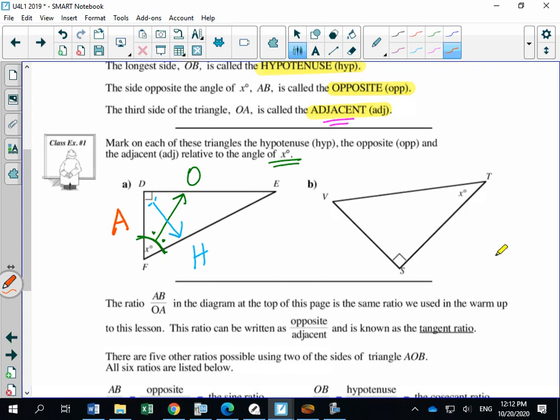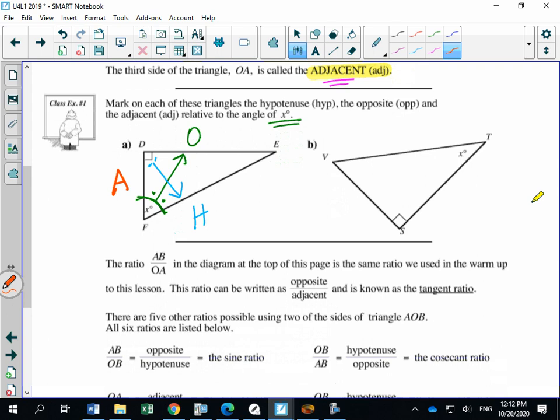Okay, let's go to B. So angle X gets the eyeballs. The angle always stares at the opposite side. Kieran, what's across from my 90-degree? Hypotenuse. And Jack, by default, what is my last side? Adjacent.